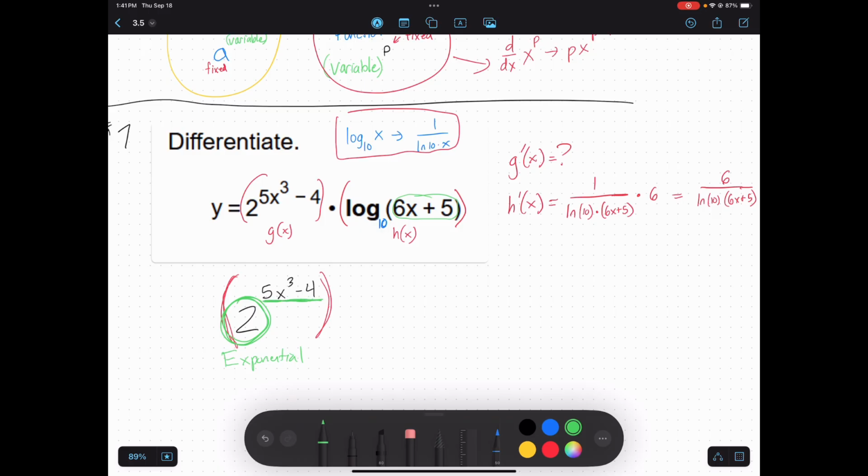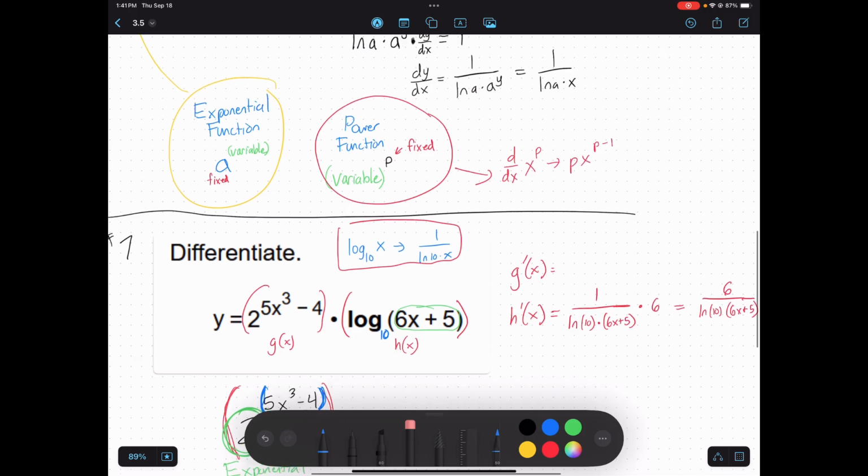So this is exponential. So when I start this, hopefully you guys recognize this is going to take the chain rule too. This is also going to require the chain rule because I have this inside function right here. But the outside function is exponential because your base is fixed and your variable is in the exponent. So as I start this, I'm going to start by using my exponential derivative formula.